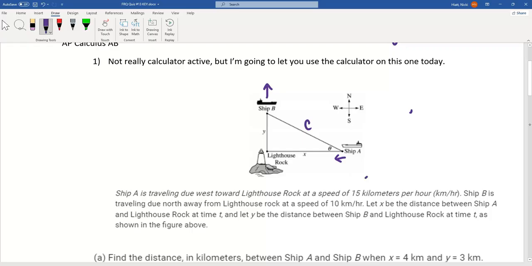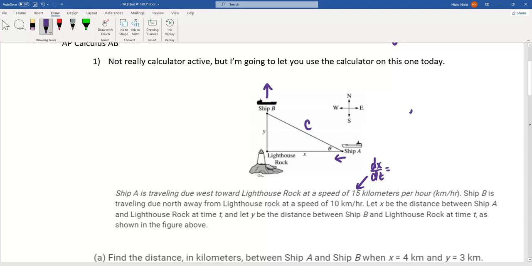Also, they gave us 15 as the speed of ship A. So, it is a speed, which is like a velocity without a sign, right? Or a rate of change. How would I represent that as far as the equation, what I'm going to see in the problem? D what dt? dx dt.